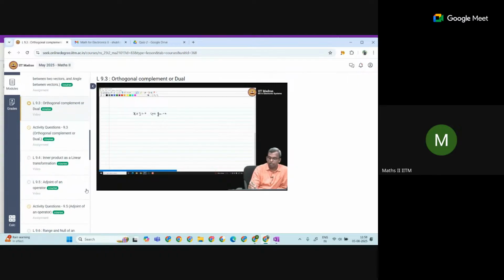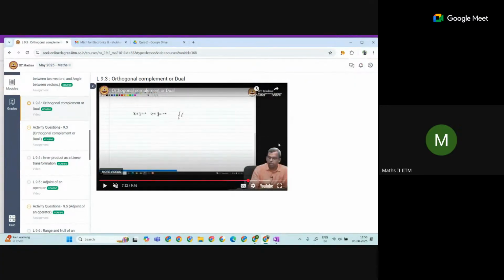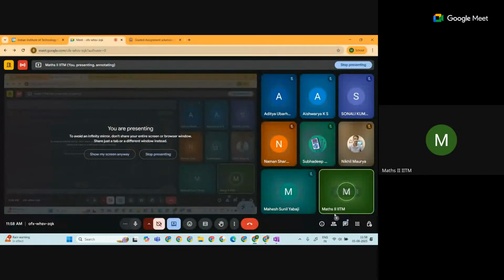Now the remaining thing we'll see in the next session. Many of you didn't go through the lectures, so now at least you start with this definition and get an idea of all the definitions.